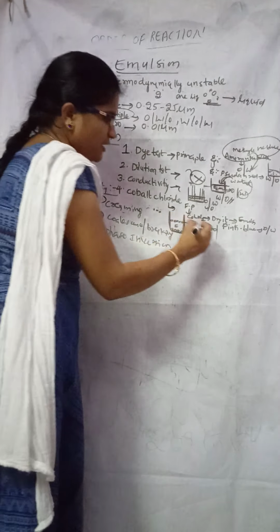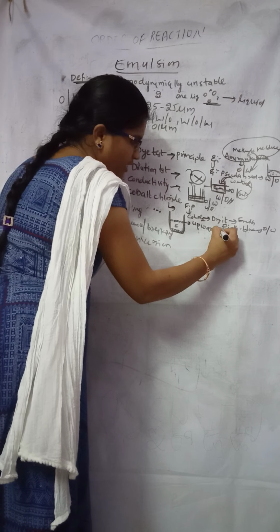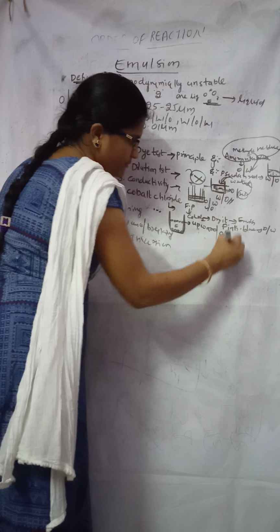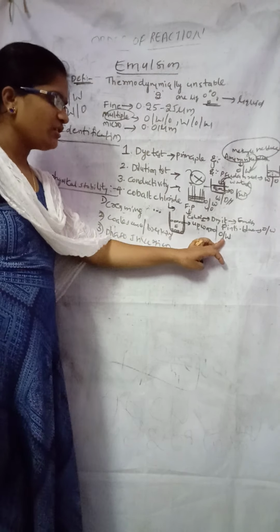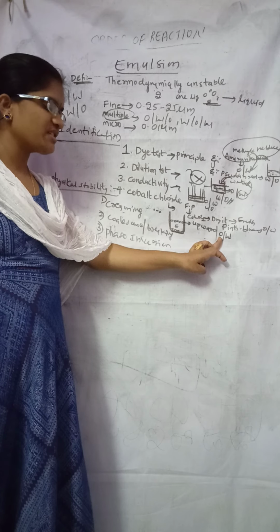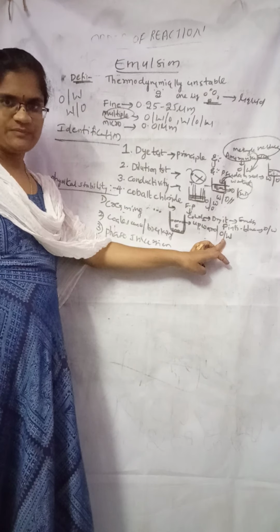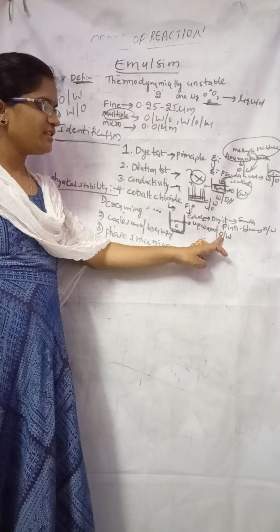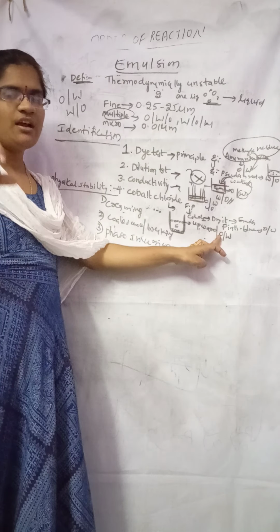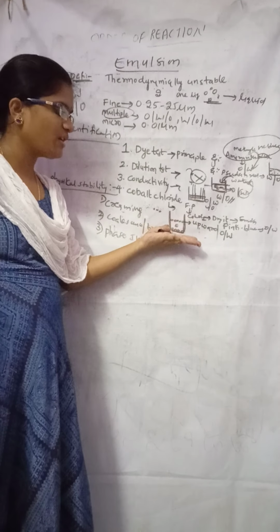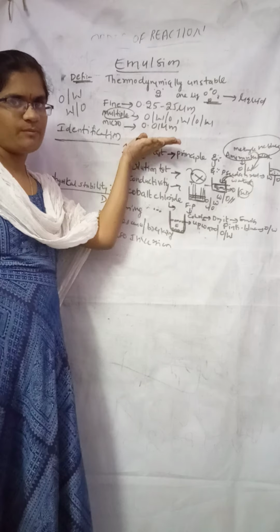It is called upward creaming, and this can be observed in oil in water. Why? Because oil in water means the oil globules are suspended in the water. Compared to the water, the density of the oil particles is low, so the particles will come to the top, that is the surface.